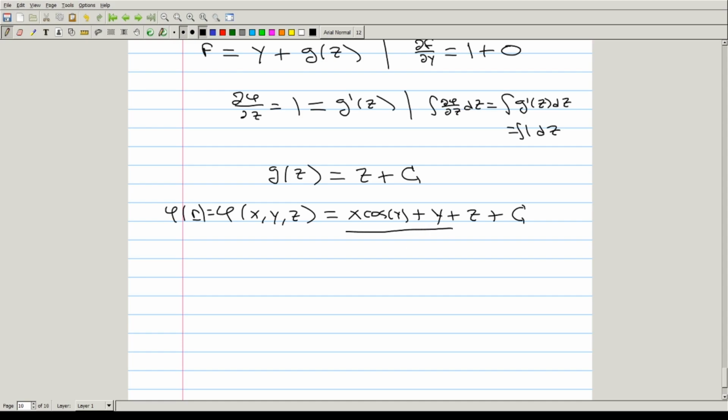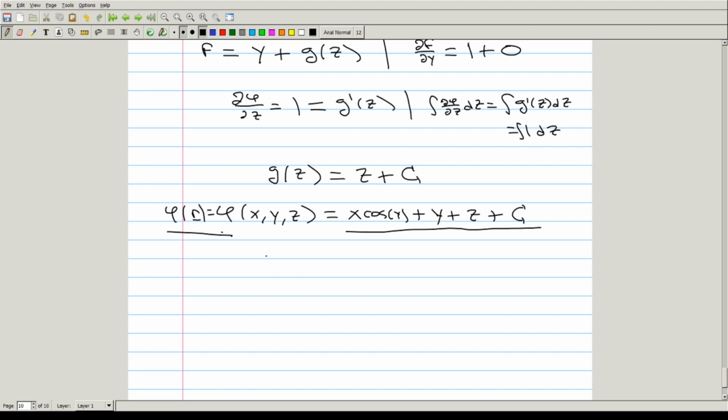And this right here is exactly the correct expression for phi. So we've solved for our scalar potential function, and it's always going to be determined up to an additional constant because of integration. It's the same thing as for single variable functions.